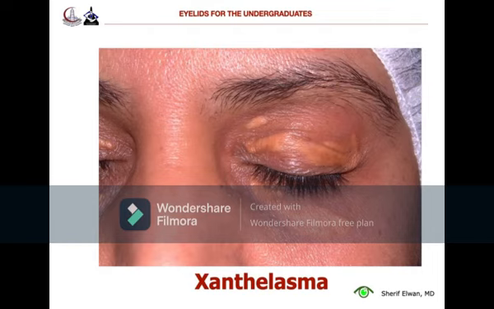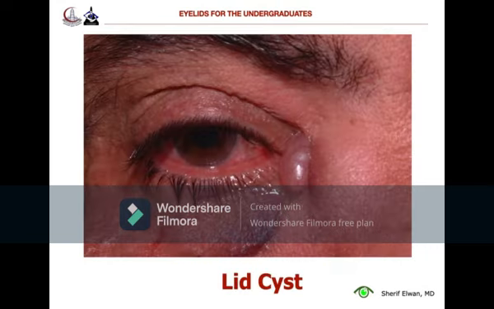These may be due to hypercholesterolemia, but sometimes are deposited with normal cholesterol in the blood and are treated by plastic surgical excision and repair. Lid cysts may occur in any of the glands that are already present in the lids, like the sweat glands and the sebaceous glands, and this is one clear cyst in one of the sweat glands.